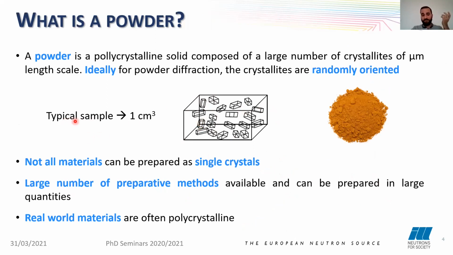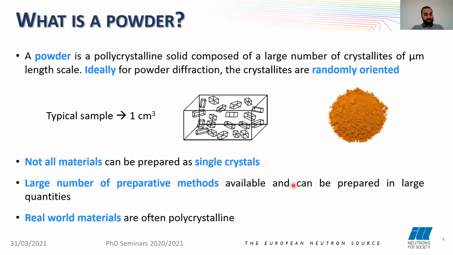Typical sample volume used is around 1 cubic centimeter, but this depends a little on whether we use X-rays, neutrons, or whatever. Some of the most important reasons for studying powders are, first of all, that not all materials can be prepared as single crystals. A large number of powder preparation methods exist, and they can be prepared in large quantities.